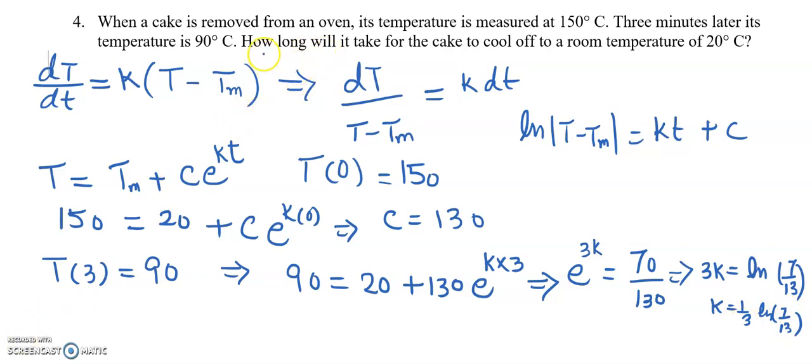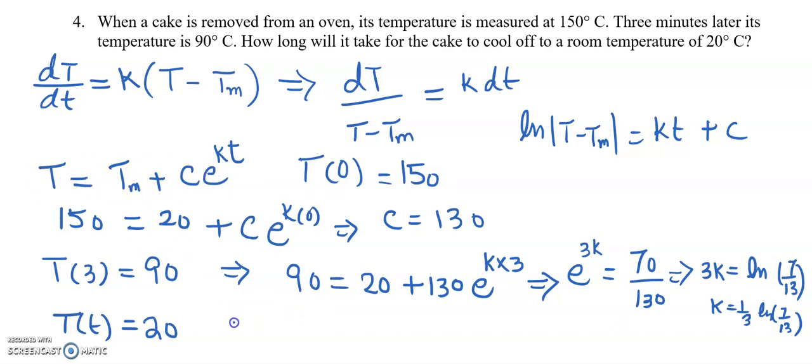Now it is asked how long will it take for the cake to cool off to a room temperature of 20 degrees centigrade. So we need to find the time t for the temperature to become equal to 20 degrees centigrade. However, this is practically not possible to determine because of the equation.